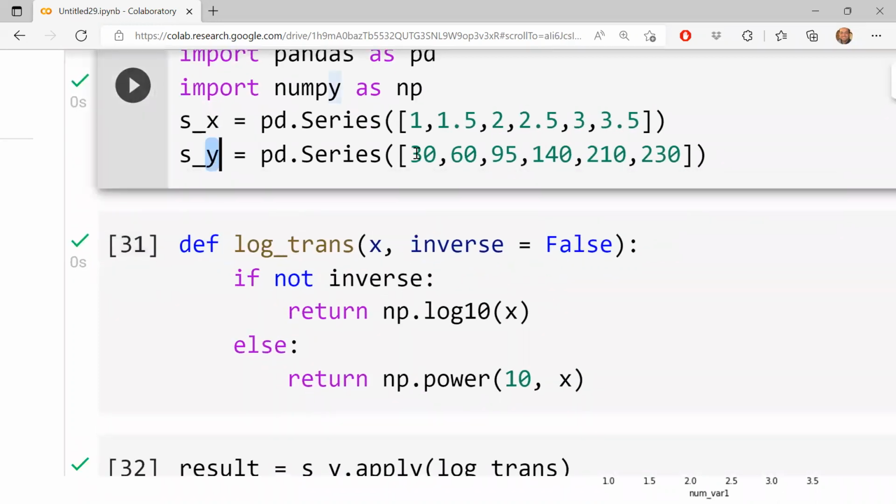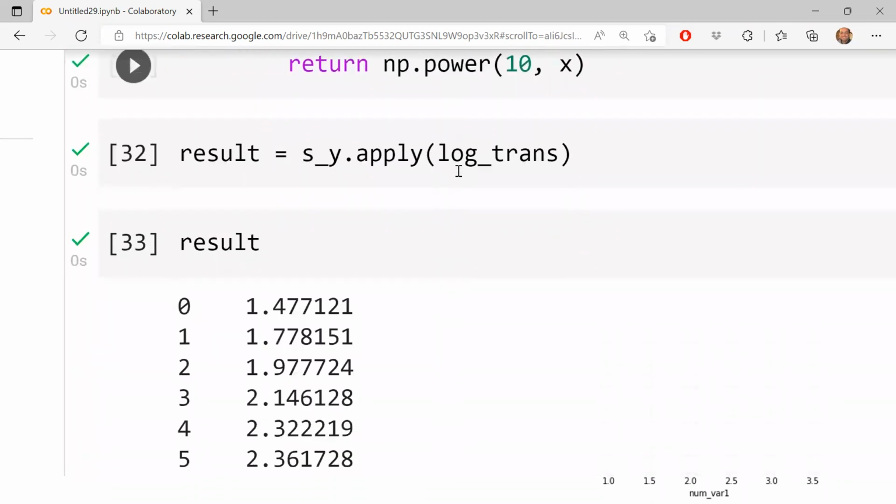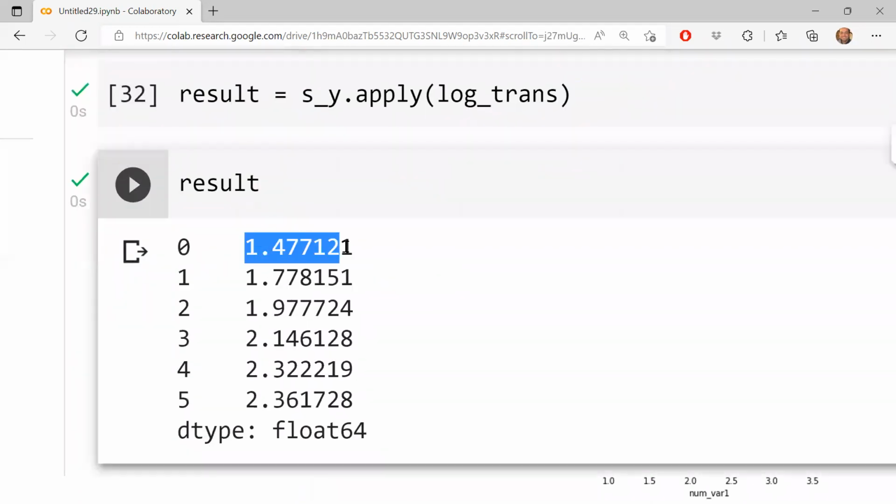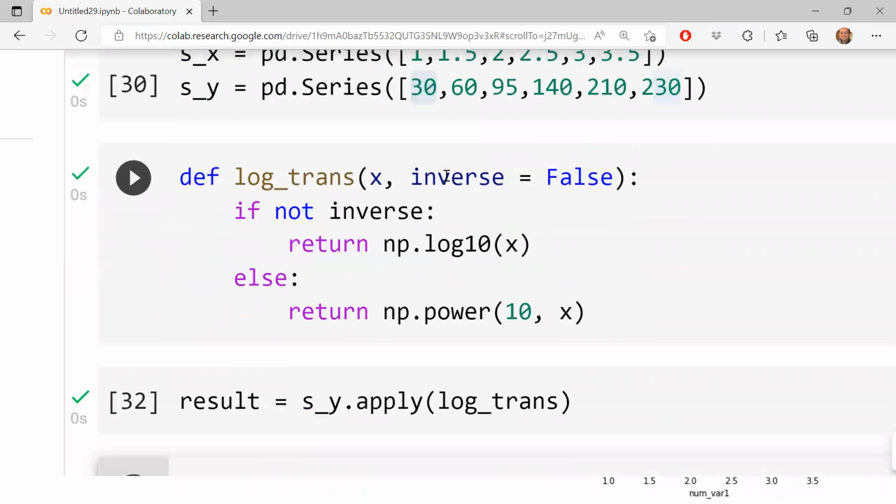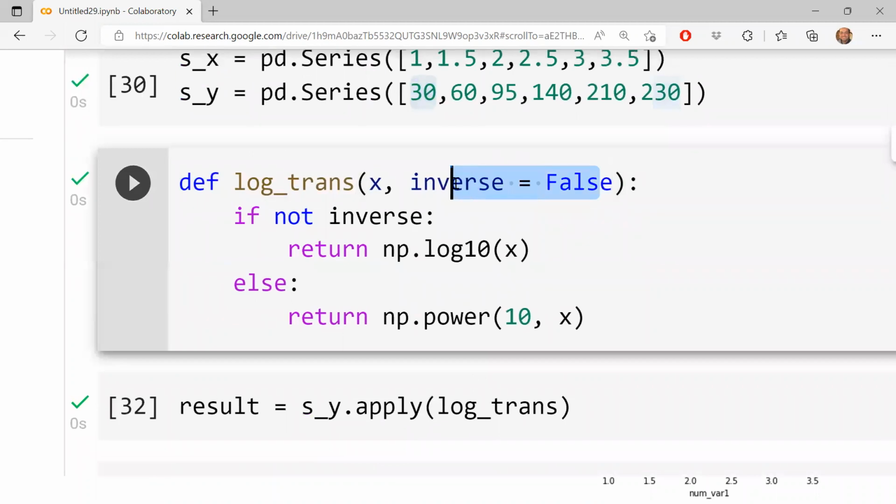The y I had was 30, 60. Look now at what's inside y. What do I have? 1.4, 1.7, 1, and so on. Because as you can see, this one here is false by default. Okay, guys?